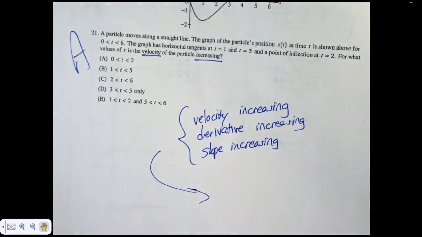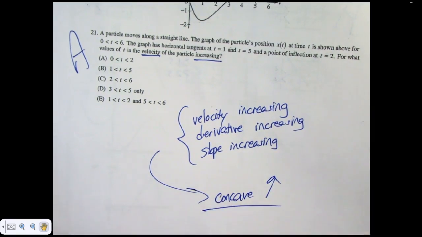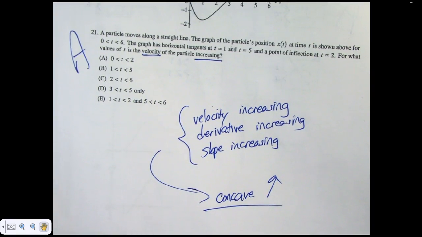If your slope is increasing and getting bigger as you go, what shape is that forming? Concave up. All of those things mean concave up. So the velocity is increasing, the slope is increasing, the derivative is increasing.